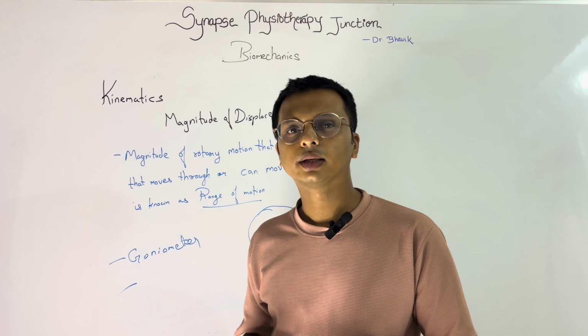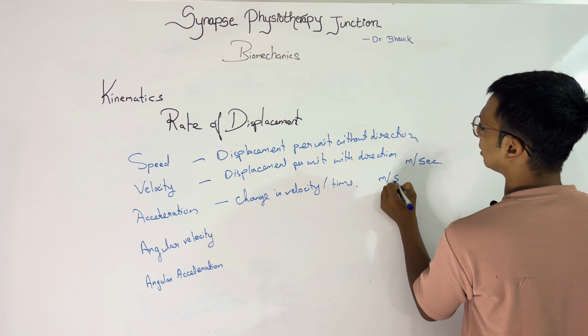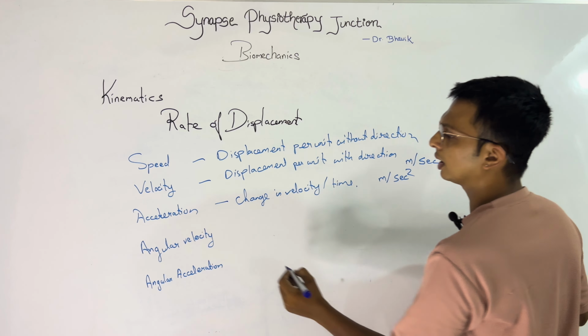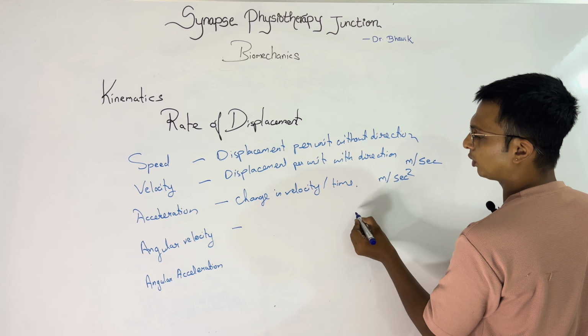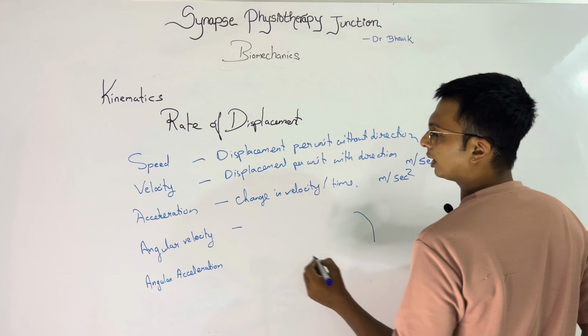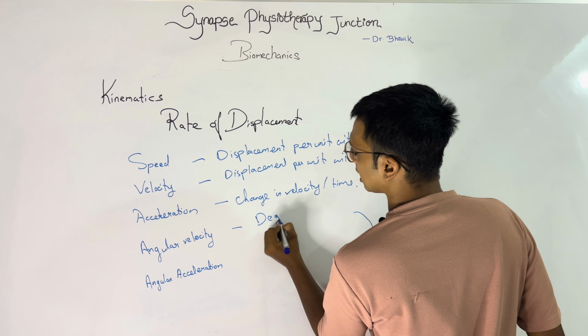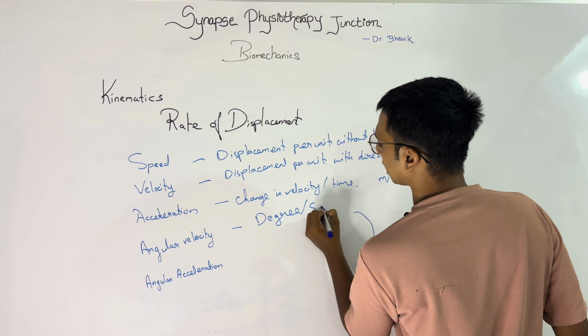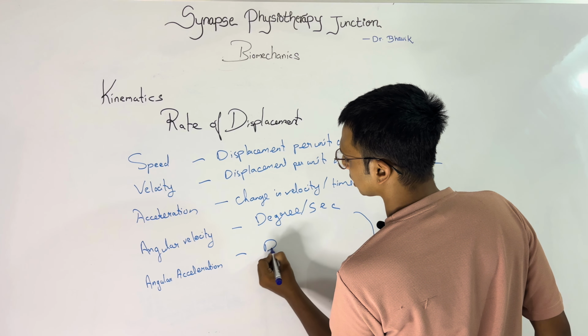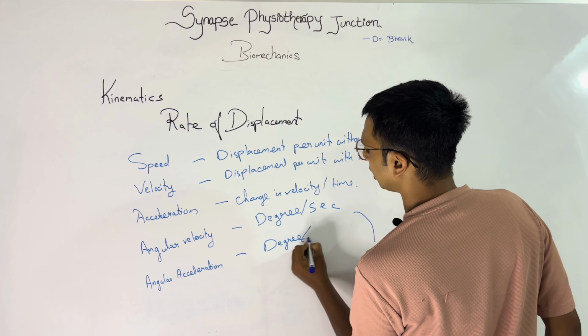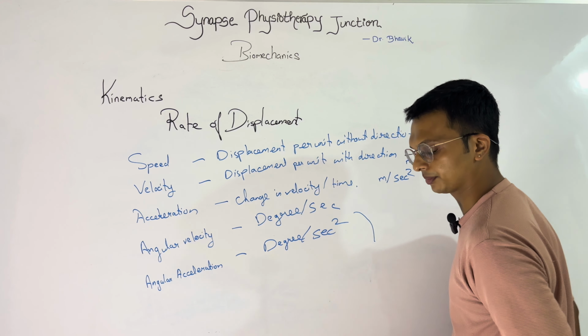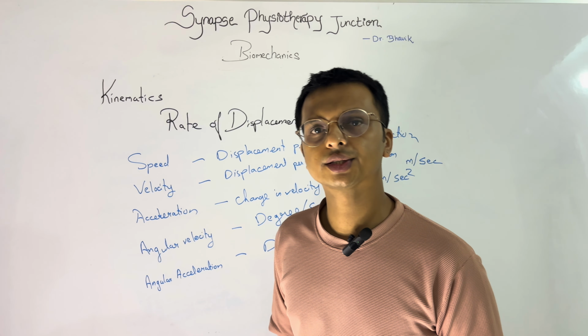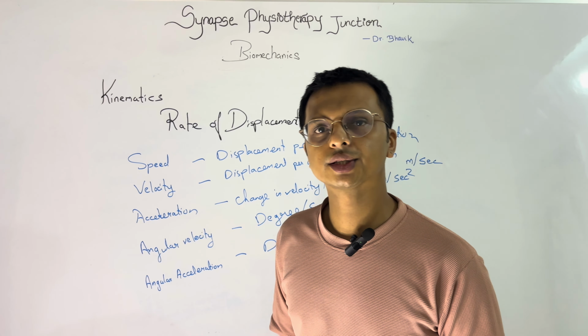First, velocity is measured as meter per second. Acceleration is measured as meter per second square. Angular velocity, if the movement is circular, is denoted as degree per second. Angular acceleration will be measured as degree per second square. This is how each and every unit will be measured.